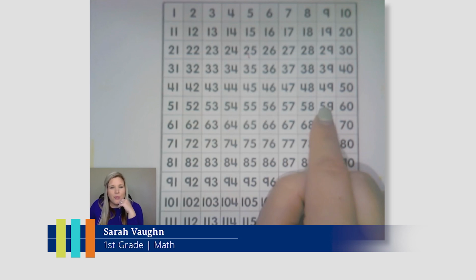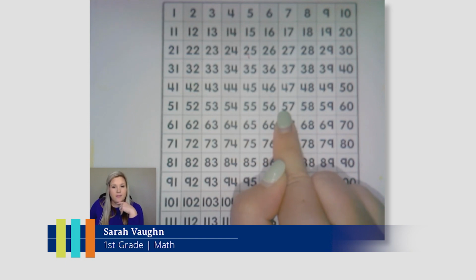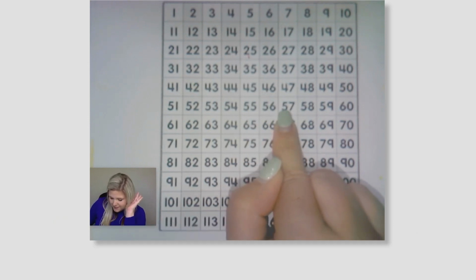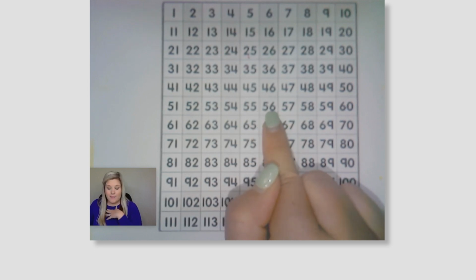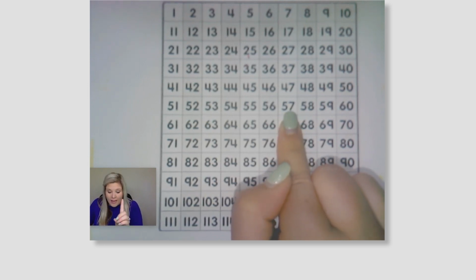What pattern do you see in the numbers 56 and 57? Yes, the ones digit in the number 56 is 6, and the ones digit in the number 57 is 7. That means that the ones digit from 56 to 57 increased or went up by 1.